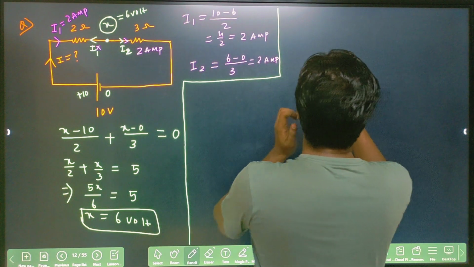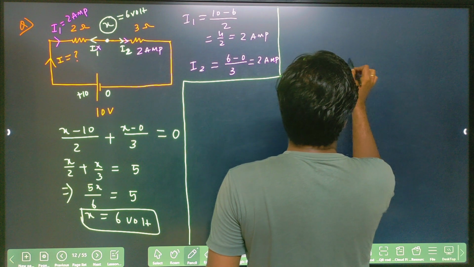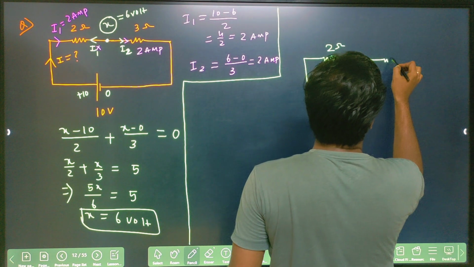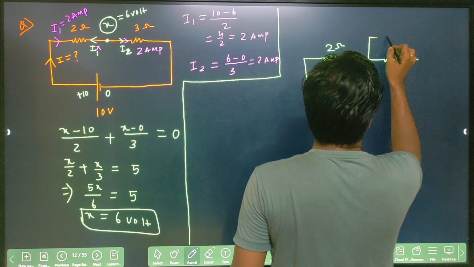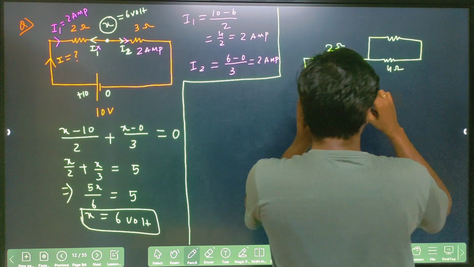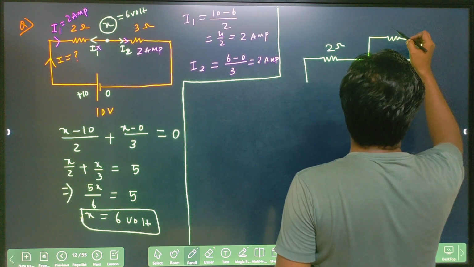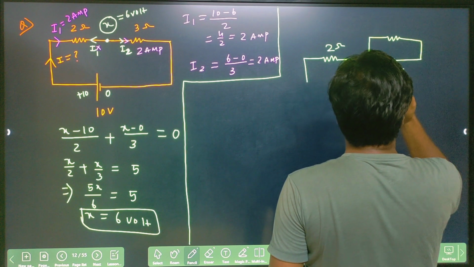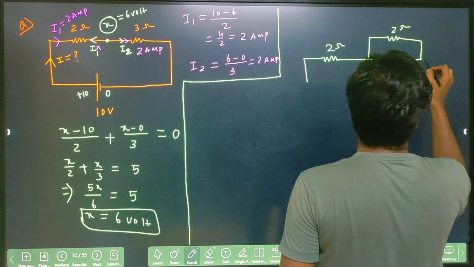In this question, this is your 2 ohm resistor and this is your 4 ohm resistor. This is your 1 ohm resistor, or you can take it as 2 ohm resistor, anything you can do.